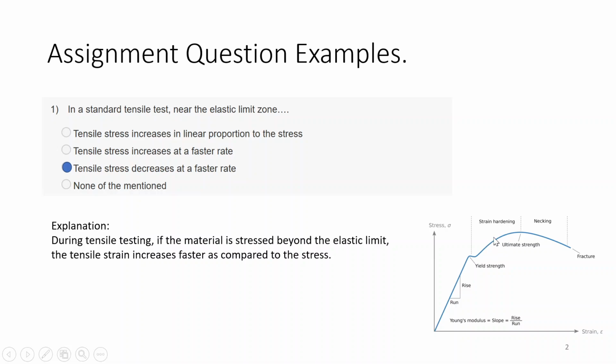Here the stress doesn't increase faster but decreases slower. Then in the necking region it starts decreasing. So here, tensile stress decreases at a faster rate will be the correct statement. During tensile testing, if the material is stressed beyond the elastic limit, the tensile strain increases faster as compared to the stress.